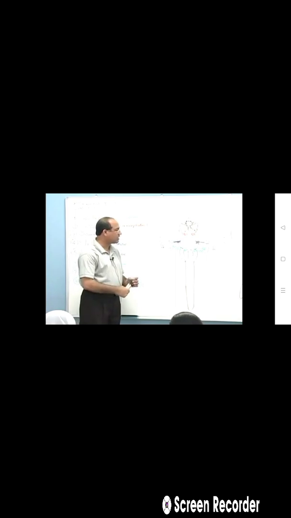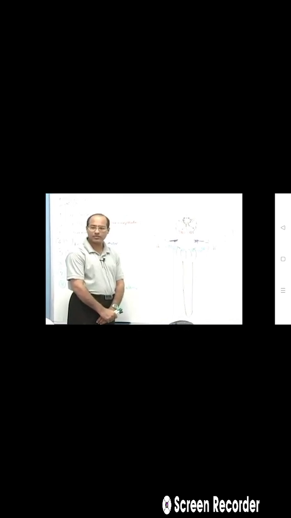Now we have to see attachment of the remaining 4 nerves which are with the medulla. Let me draw it again. Let's draw the medulla a little bit larger so that we can see it more clearly.